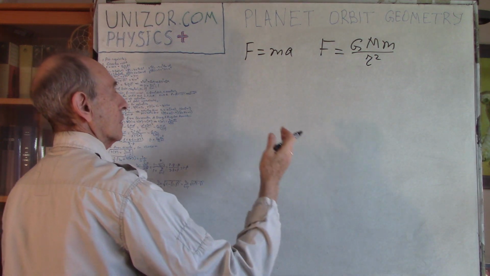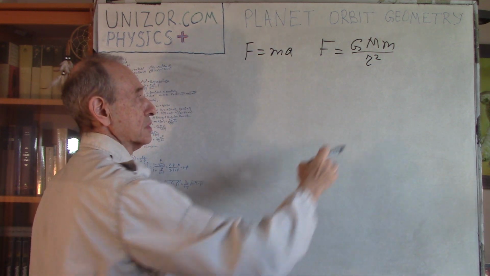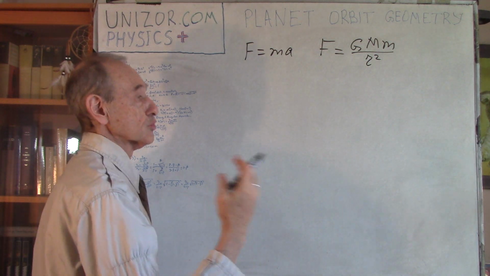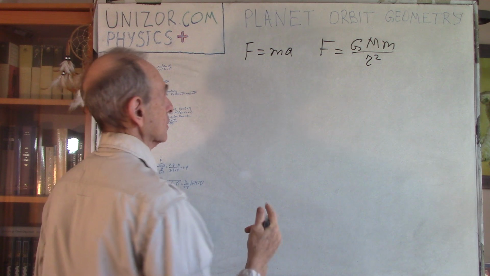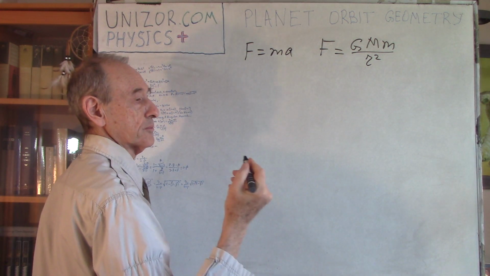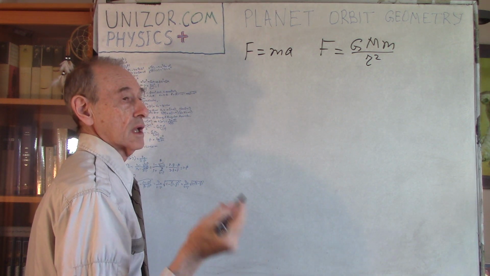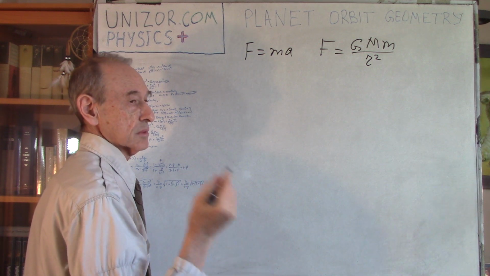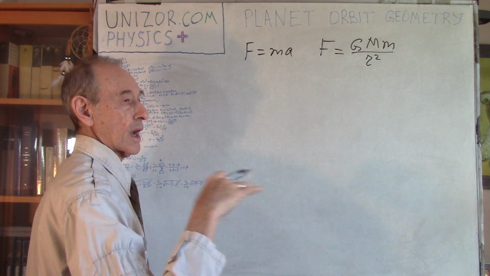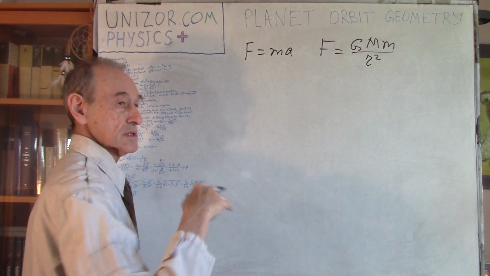Now I would like to express a certain relationship between the radius and the linear speed of the planet on the orbit to stay on this circular orbit. Okay, so let's consider we have some Cartesian coordinates with the sun being in the center, and the xy plane where the planet is actually circulating.